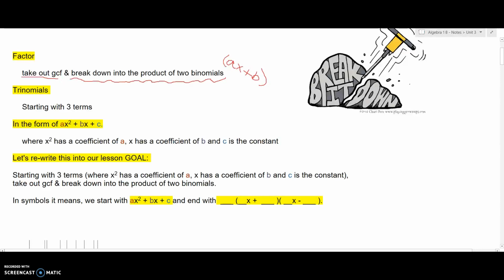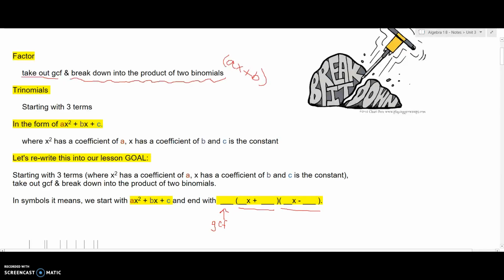If we are looking at this in symbols, it means that we're starting with an expression that looks like this, ax squared plus bx plus c, and by the end, we will end up with something in this pattern. This first part will be our GCF, and this will be binomial 1 and binomial 2.